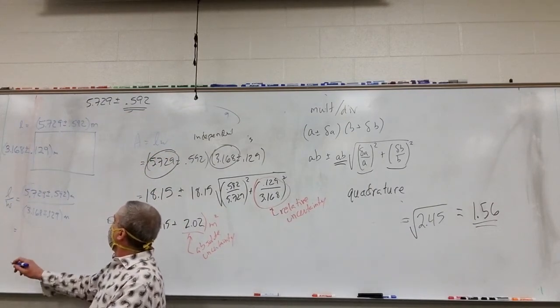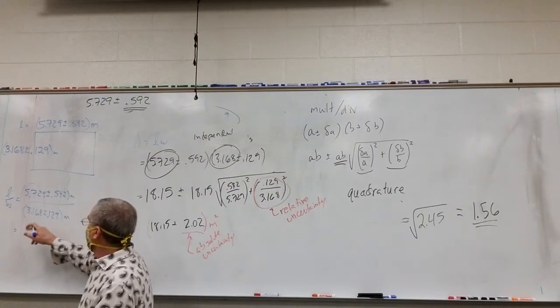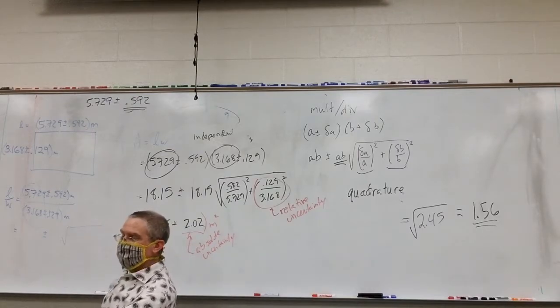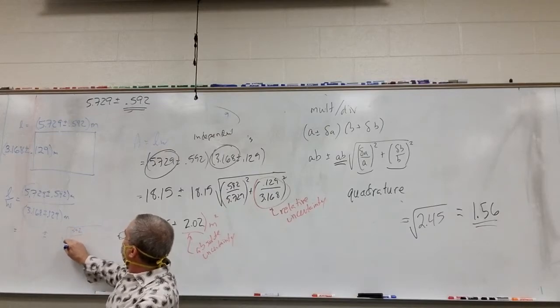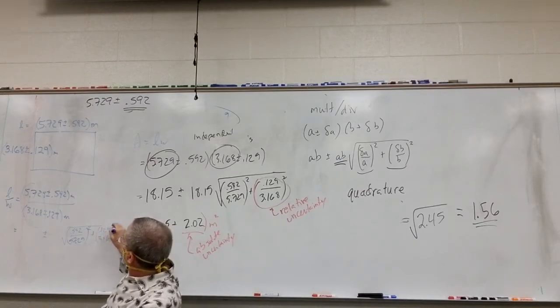So that would be something plus or minus, again, whatever that is, times, and the quadrature part is the same. The 0.592 over 5.729 squared plus 0.129 over 3.168 squared.